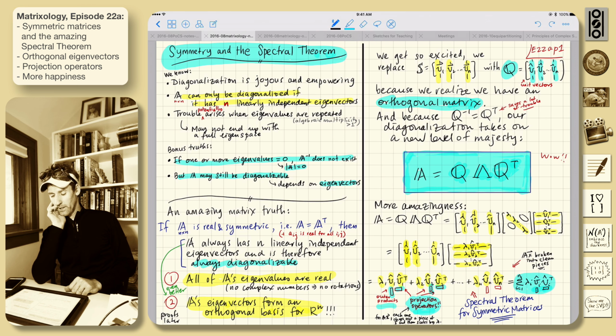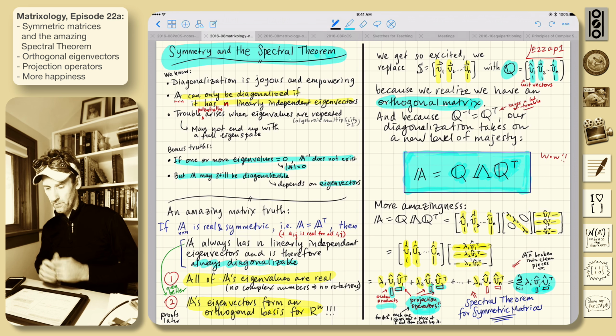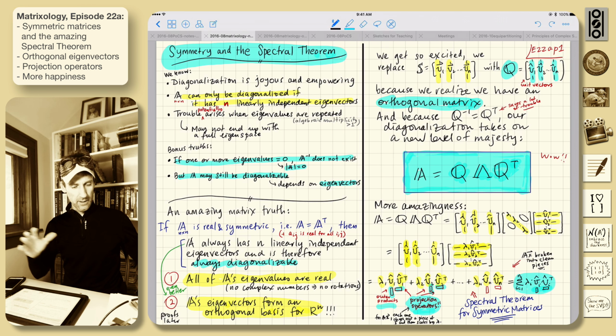They're very lightweight objects. We don't have to make a big stack of matrices. And they even more clearly show you what they're doing. They're projecting, scaling by the lambda 1, lambda 2, lambda 3, and then recombining things.